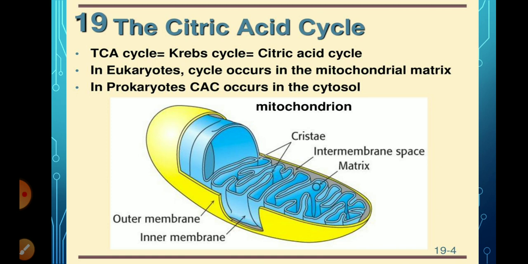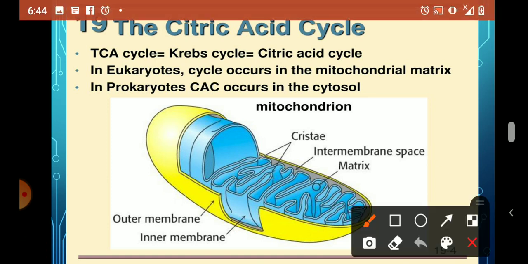TCA stands for tricarboxylic acids, because the first compound which is formed, citric acid, has three carboxylic groups inside it. That's why it is called a TCA cycle, or it is named after Sir Hans Krebs, who discovered this process. That's why this is named as Krebs cycle also.